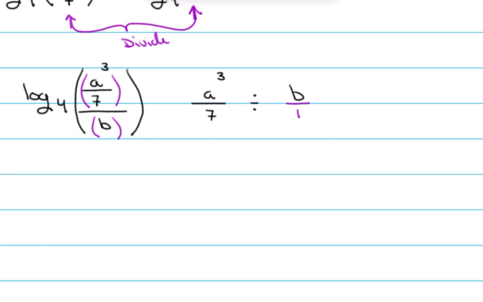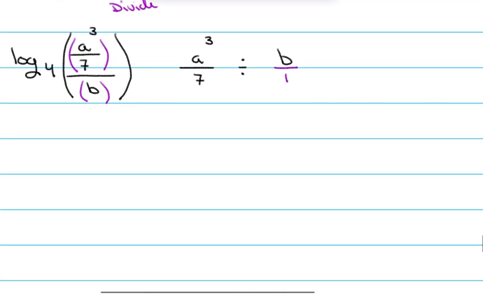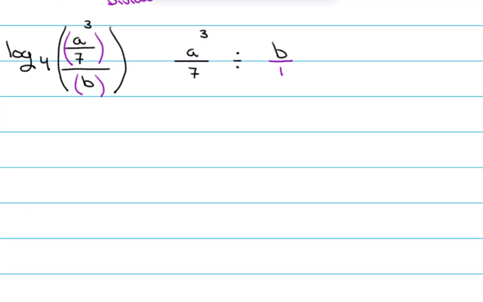Next, dividing fractions, we multiply by reciprocals, so this is going to be a cubed over 7. This is going to turn into a multiplication symbol, and then I am going to flip my second fraction. We are multiplying by the reciprocal.